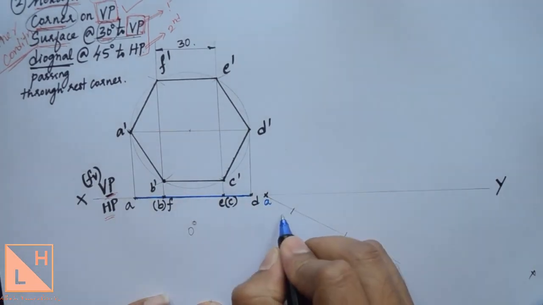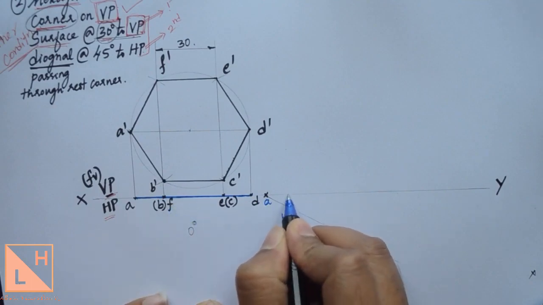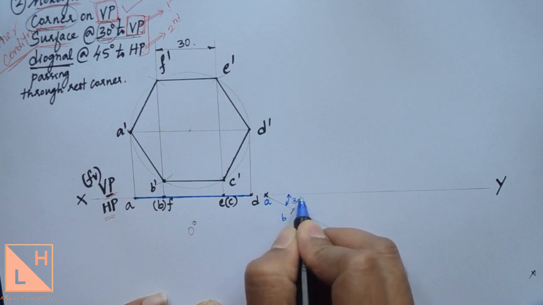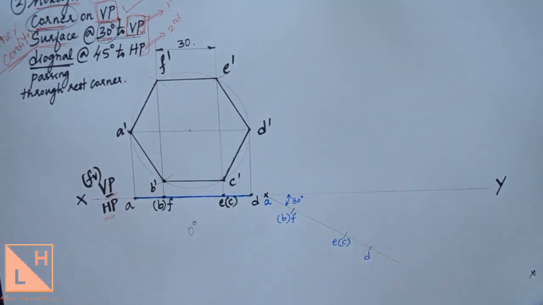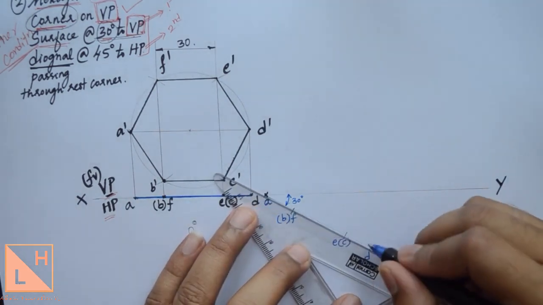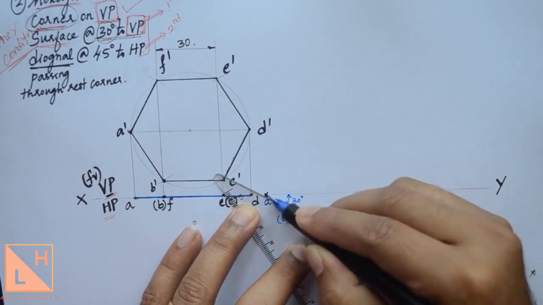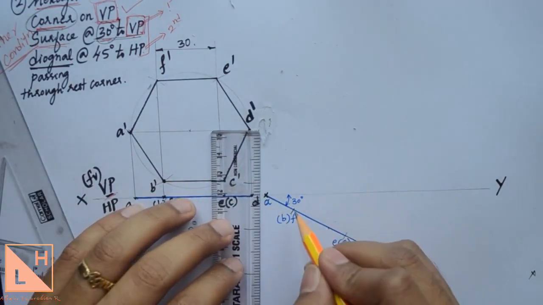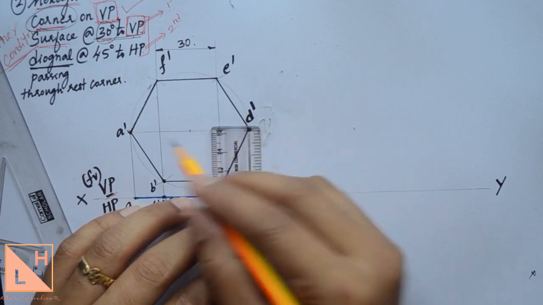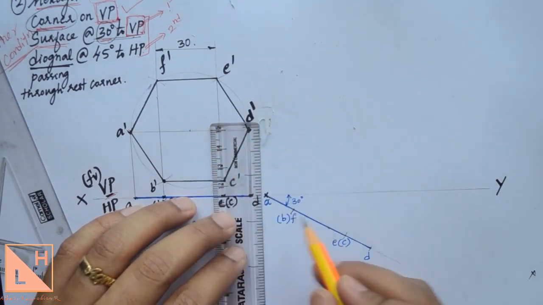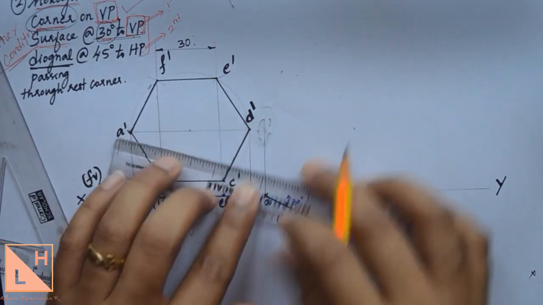Here we get all the points as it was in the previous position, but here we have inclined this at an angle of 30 degrees. Darken the line from A to D. So now you have got the top view at 30 degrees. You just need to project each point to the front view so that you get the new points A dash to F dash. I'll draw a projection line from A dash till it reaches the horizontal.